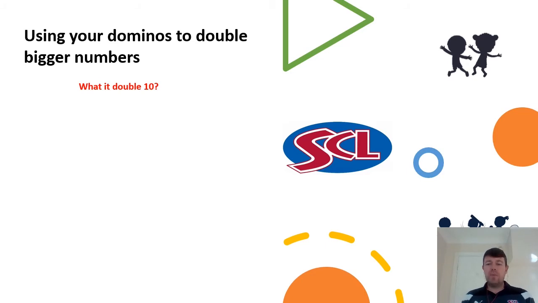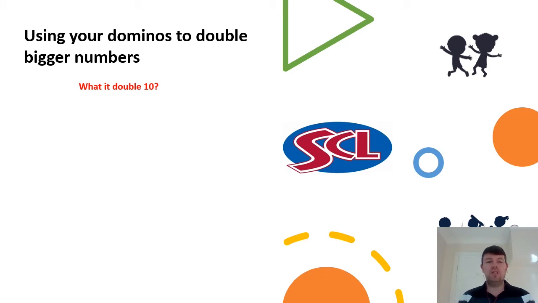But what if we have bigger numbers? So we have a number that is bigger than 5 or 6 or 7. What if we had double 10? Here's how we can use our dominoes to help us figure these type of numbers out.